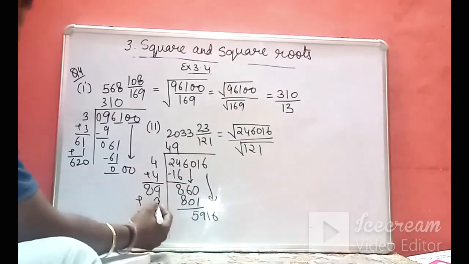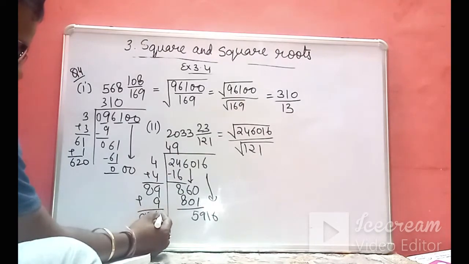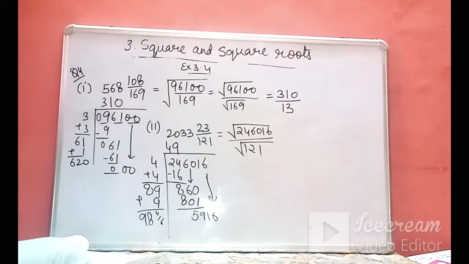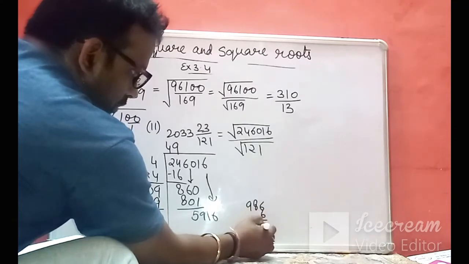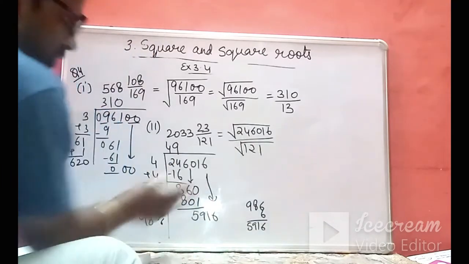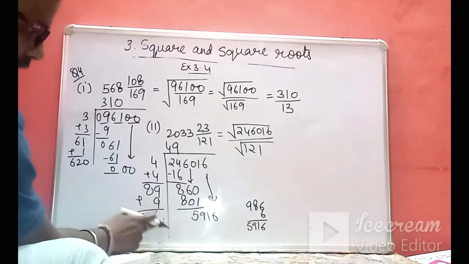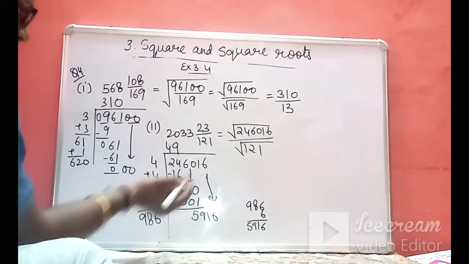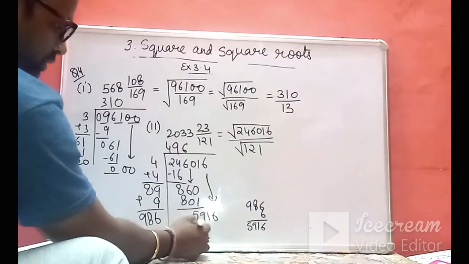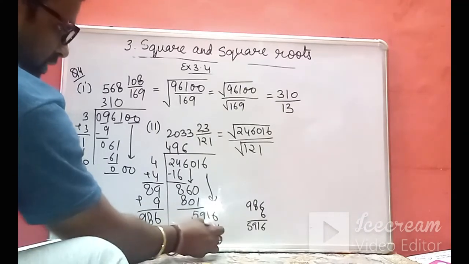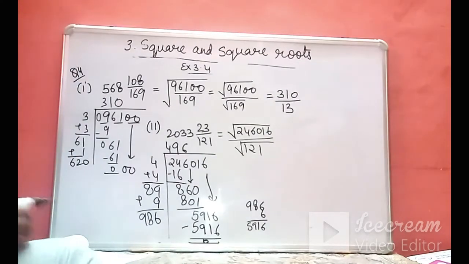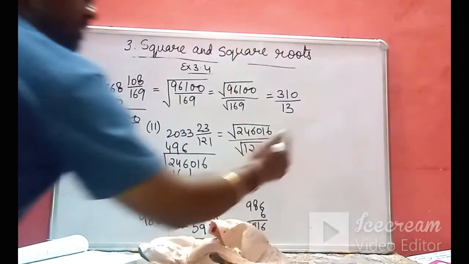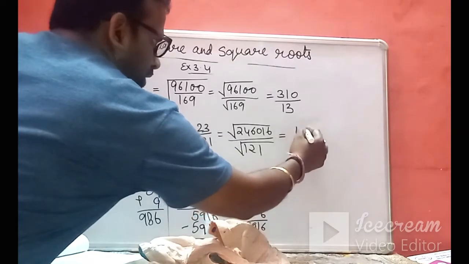Again I have two choices, either I can put here 4 or I can put 6 here. So when I check for 6, suppose 986 into 6, so I will get 5916. So my choice is 6, not 4. So 6 here and 6, so it is 5916. When you subtract, you will get 0. Understood? So we can say that its square root is 496.